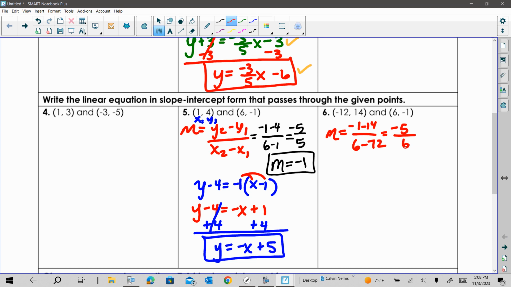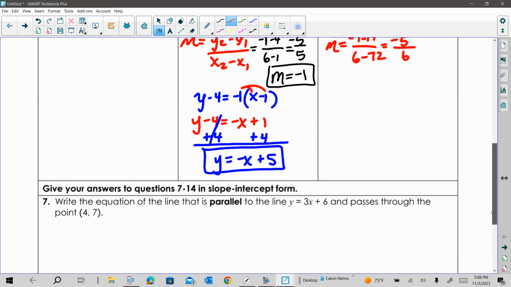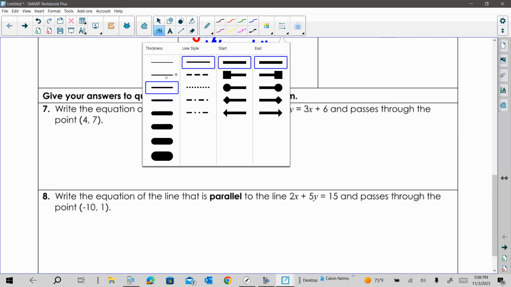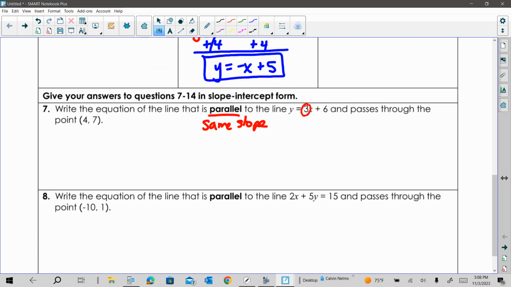All right, so then when we get into 7 through 14, we can still use the same steps, but you got to remember the key facts, characteristics to each type of line. So if I'm talking about a parallel line, we're talking about the same slope. If it's in slope-intercept form, the slope is what's in front of x.